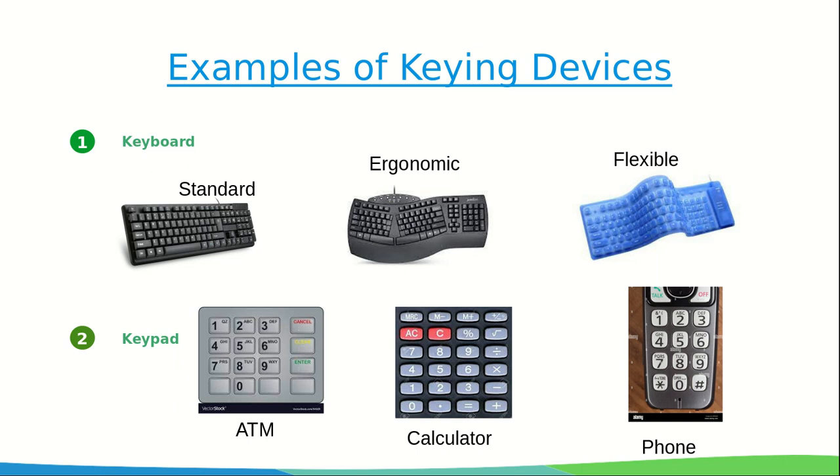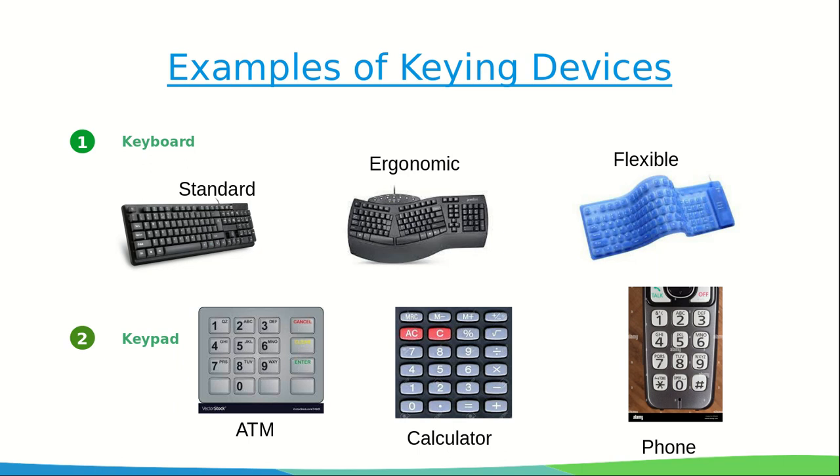Now, the second type of keying device is the keypad. Actually, the keypad is almost a keyboard but at a smaller scale. It's a miniature type of keyboard. Normally, keypads are used on portable devices. For example, laptops.